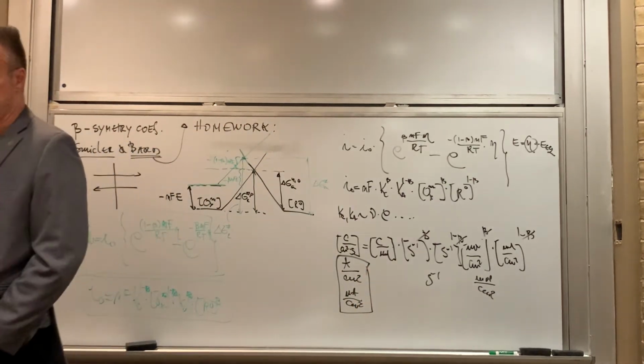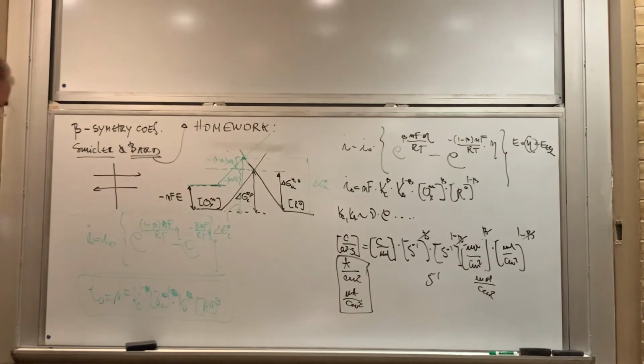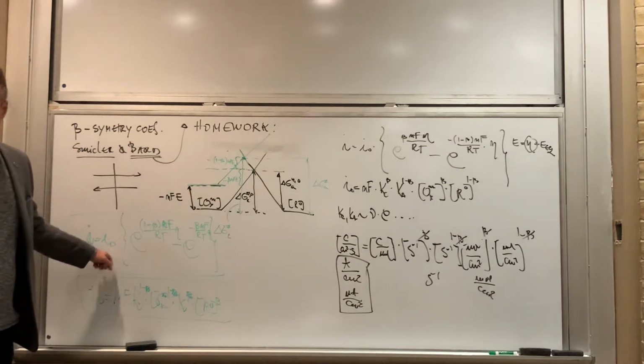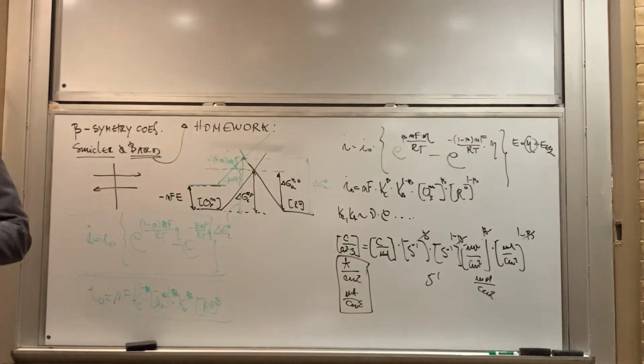Fundamentally, current density, which is the expression that gives you this, is talking about flux. Flow per unit area of charge, material, whatever, is the flux.